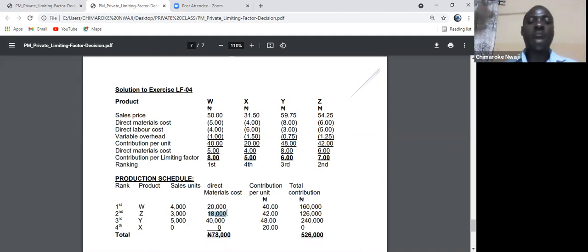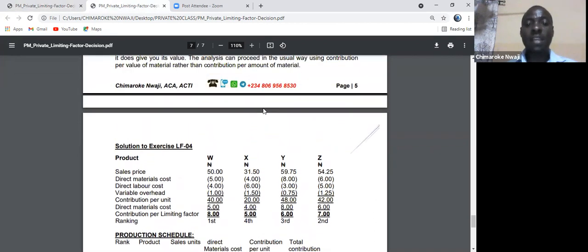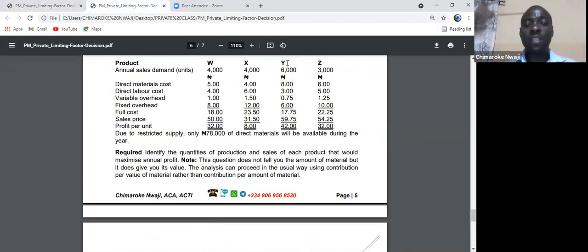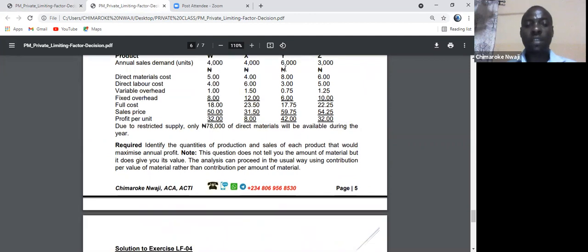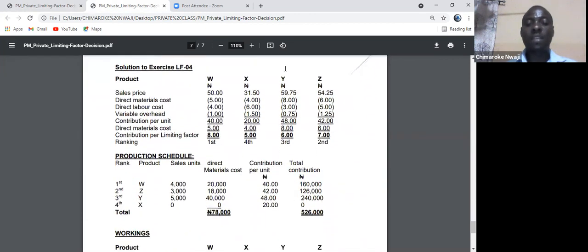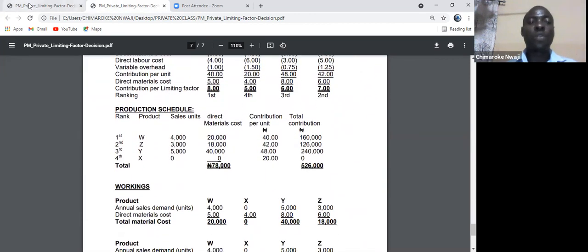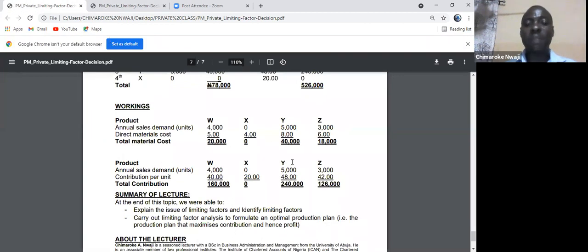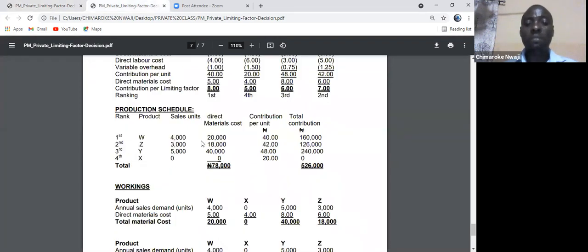Then we go to Y. How many of Y do we need? We need 6,000. When you multiply 6,000 by 8, 6 times 8 will give you 48,000. But hold on, 20 plus 18 will give you 38.